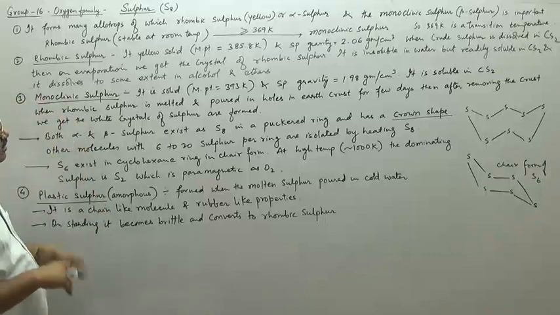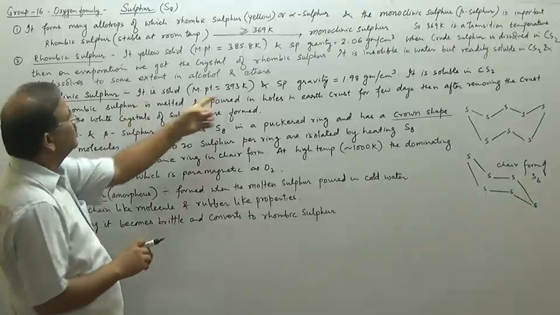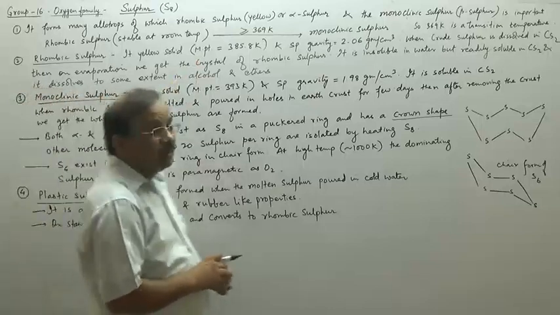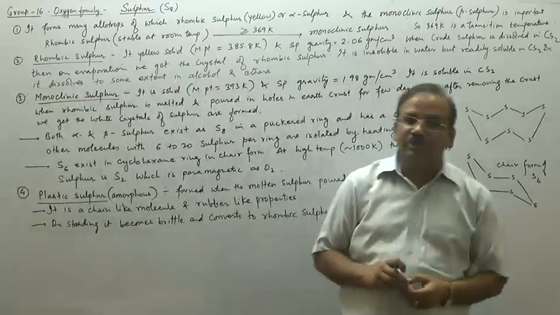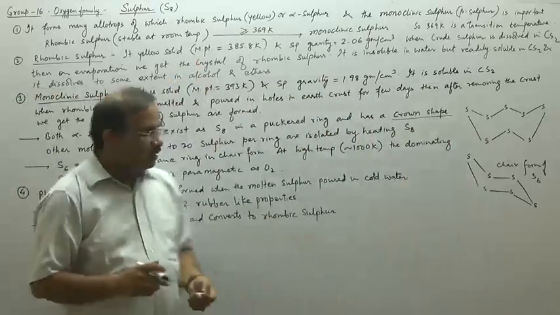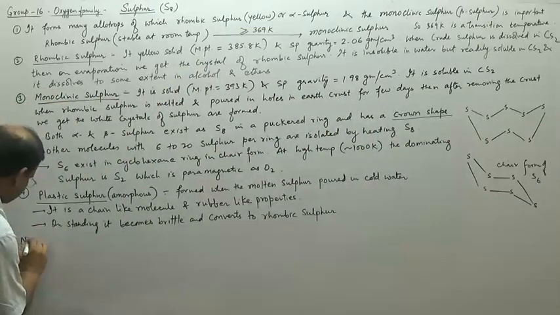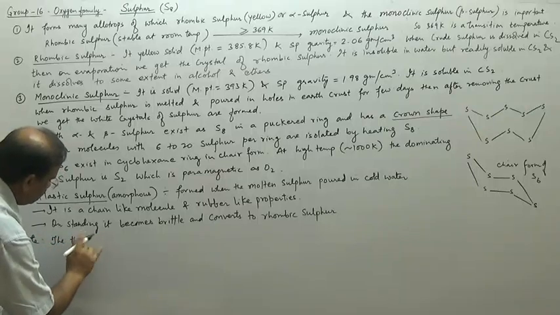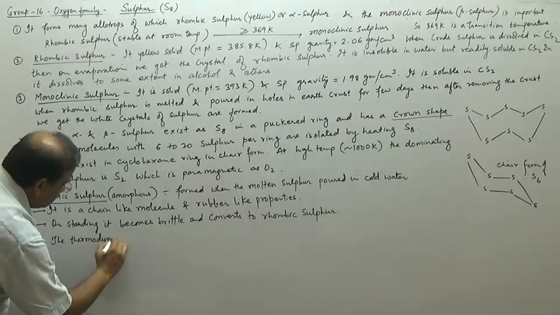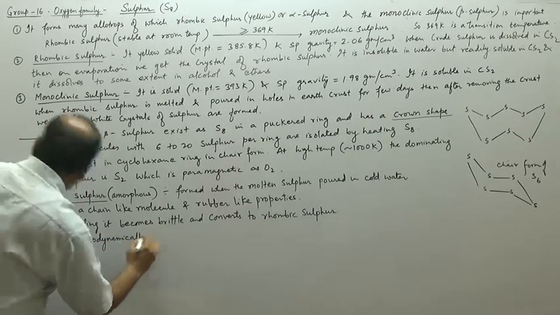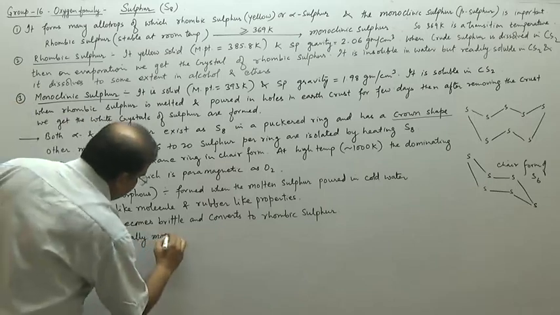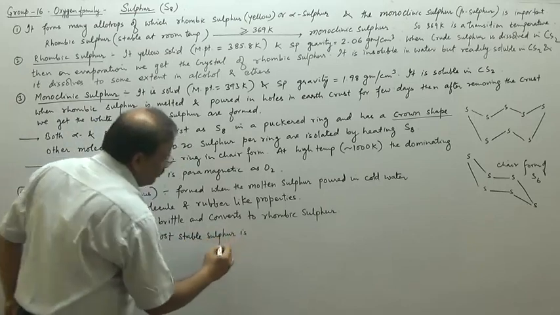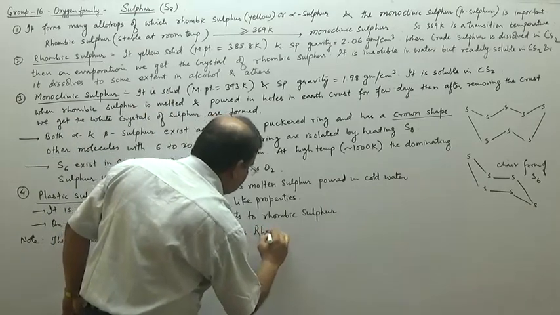Now from this, the melting point of monoclinic is 393, whereas the melting point of this is 385. But the rhombic sulfur is the elemental sulfur. Note: the thermodynamically most stable sulfur is rhombic sulfur.